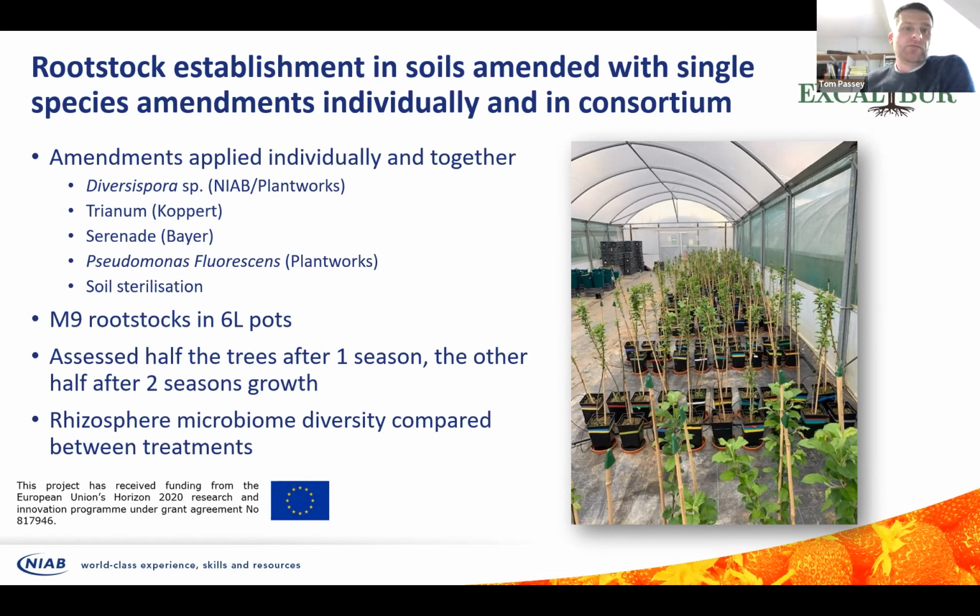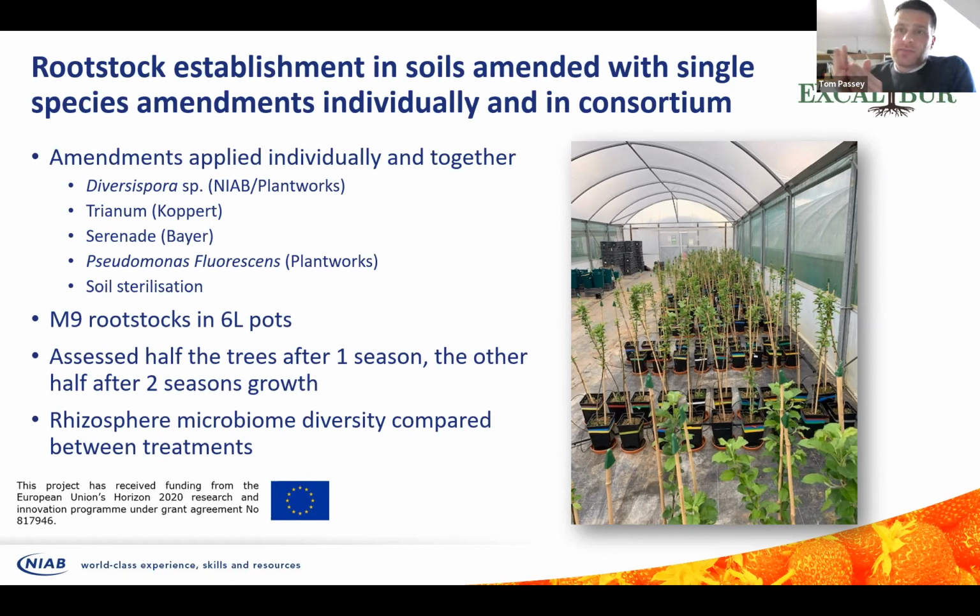In this trial, we've been looking at using different amendments of various types, both individually and together. Some of these have been fungal organisms, so Trichoderma and AMF, and some of them have been bacterial, so Pseudomonas and Bacillus. We've been comparing them used on their own and whether they work together.